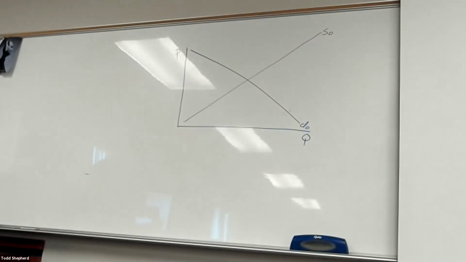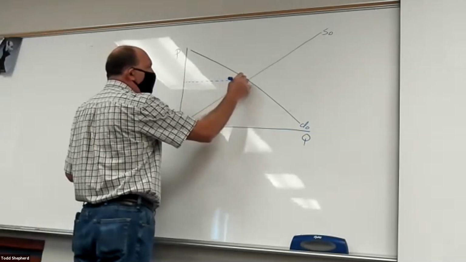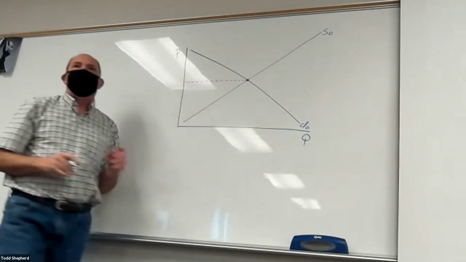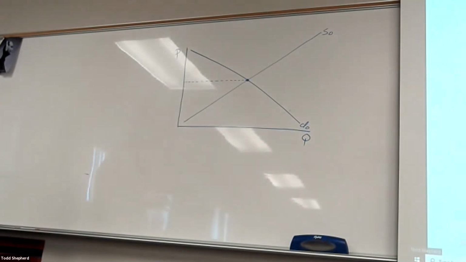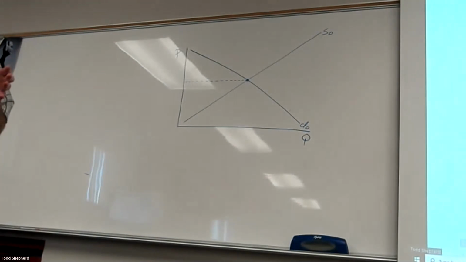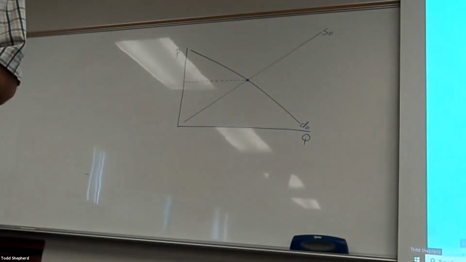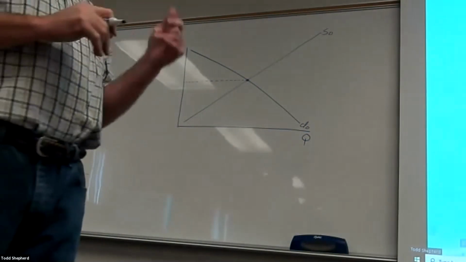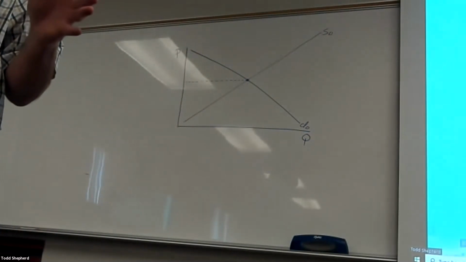And then you have your equilibrium price, which is going to be right here. Most of the time, I am not going to actually list an equilibrium price. Sometimes I do, the vast majority of the time I don't. Because as it turns out, we're not so interested in the equilibrium price itself as we are in seeing what happens to the equilibrium.